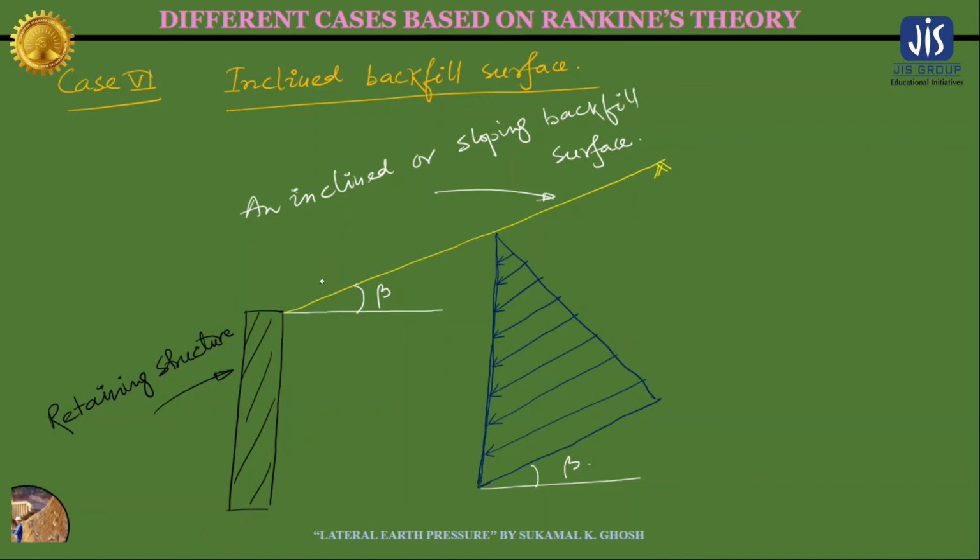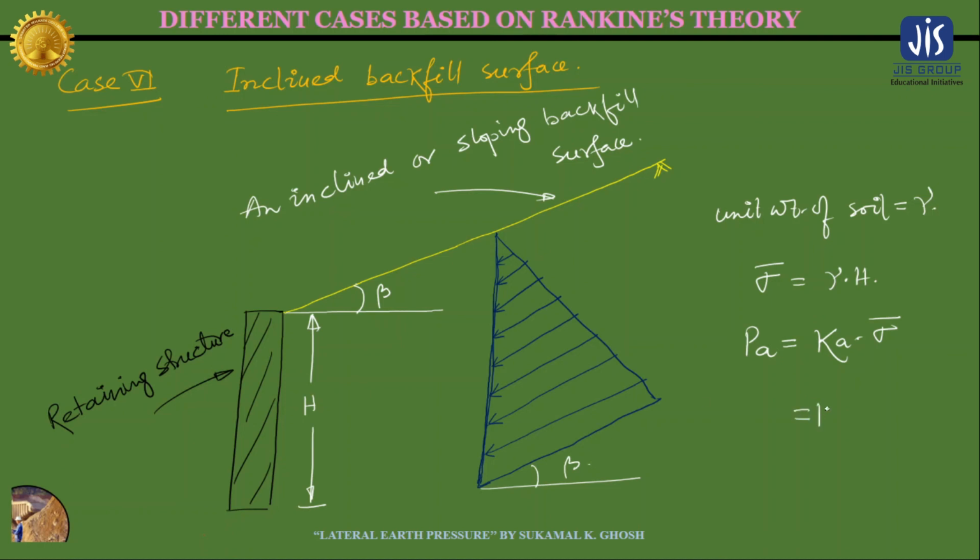Now if the height of this retaining structure is h, and if the unit weight of the soil is gamma, then the effective stress will be gamma into h, and the active earth pressure will be Ka into effective stress.